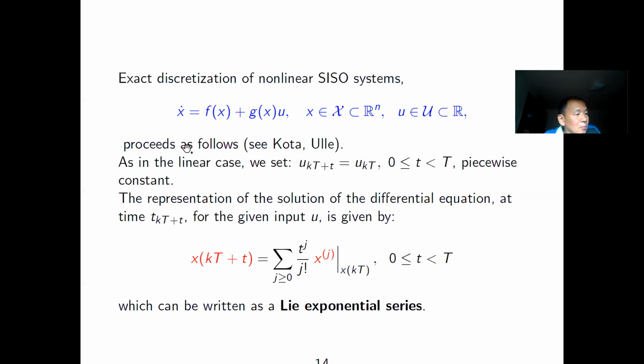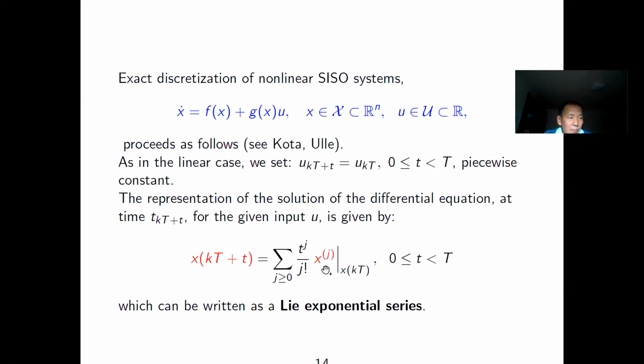So the value of the solution of this differential equation, given that U is a piecewise constant control input between the sampling times kT and kT plus T, we can expand in an infinite Taylor series, which will involve the time derivatives of the vector x a finite number of times for each one of the components of the sum all the way up to infinity.